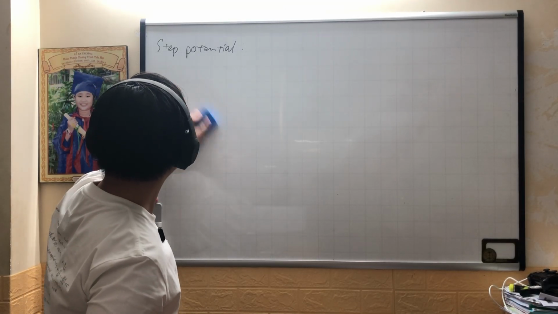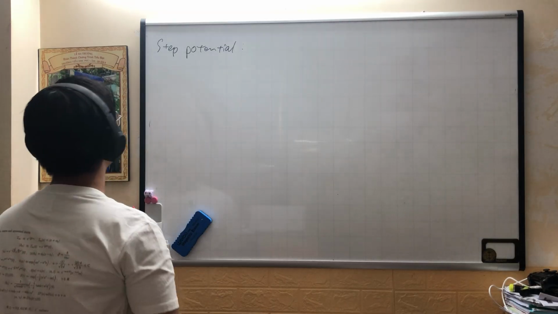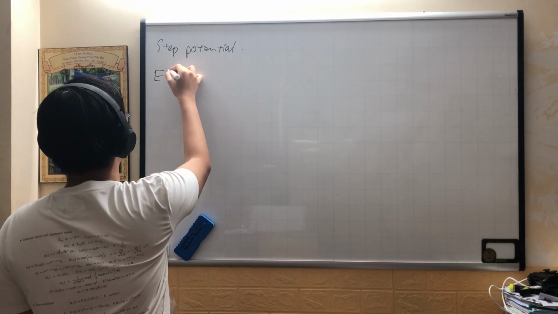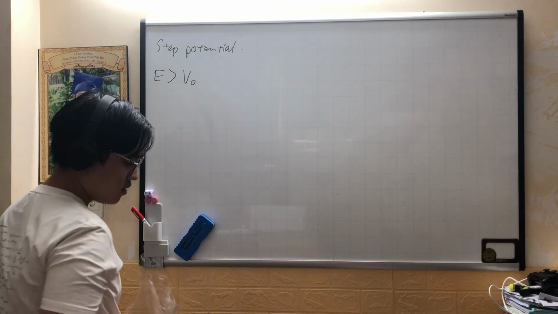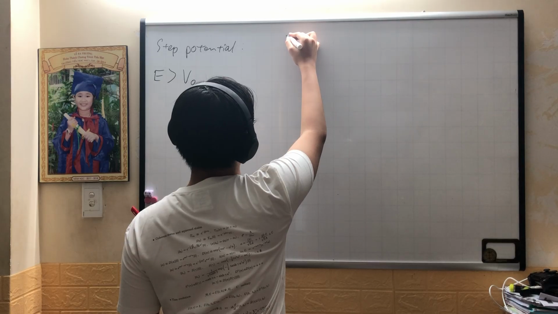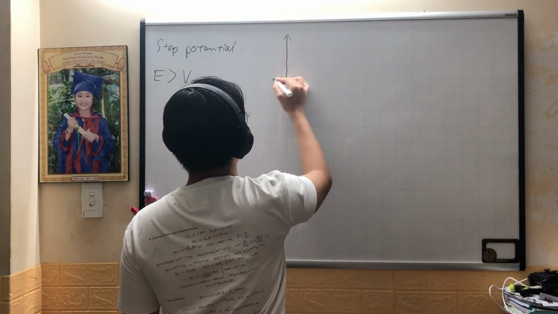So let's start. We will consider our E to be greater than V naught, and a step potential, meaning that your potential takes a step up.